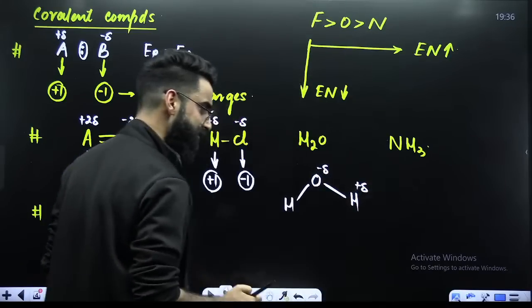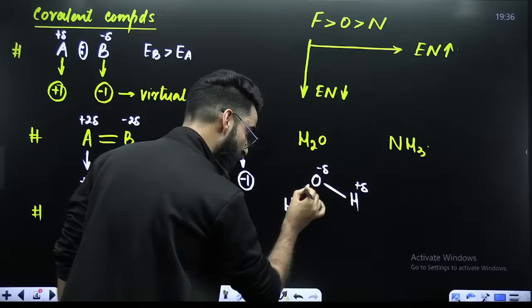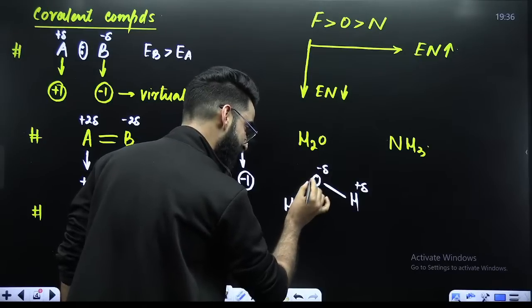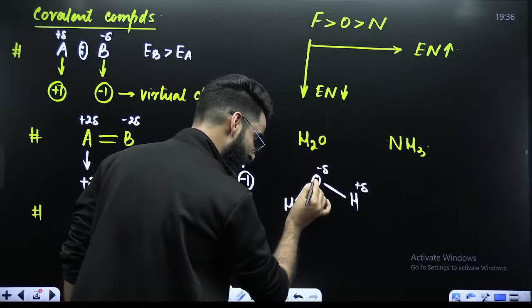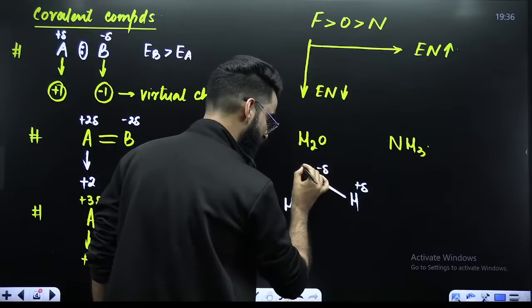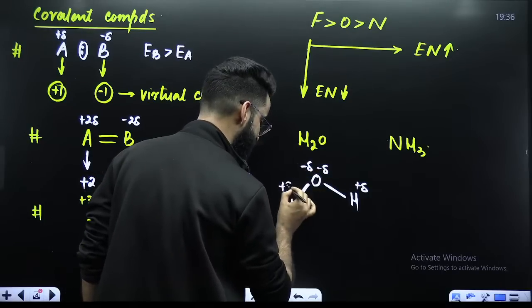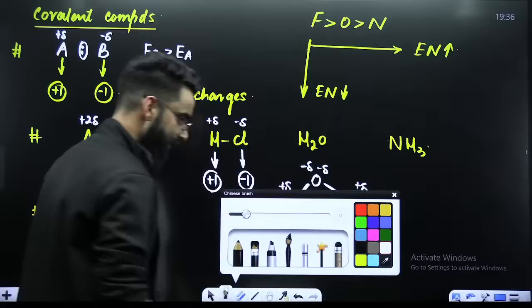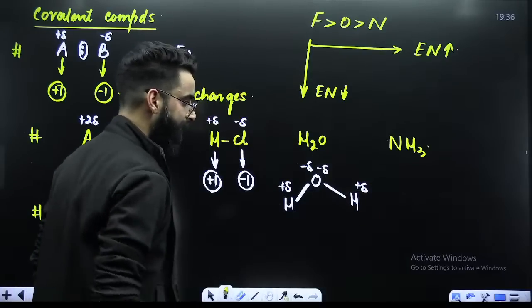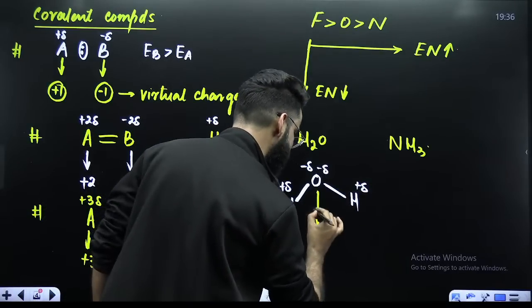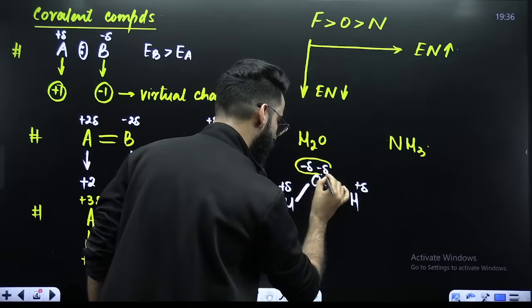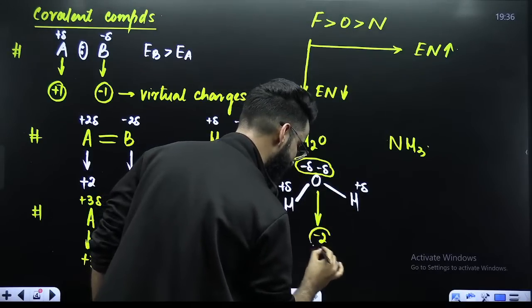hydrogen gets delta positive. Now, this other bond is again between oxygen and hydrogen. Oxygen is more electronegative, so this electron pair will be shifted towards oxygen, due to which it gets delta negative and this gets delta positive, right? Now, people, just tell me one thing. What is the oxidation state of oxygen here? You will directly say -2.